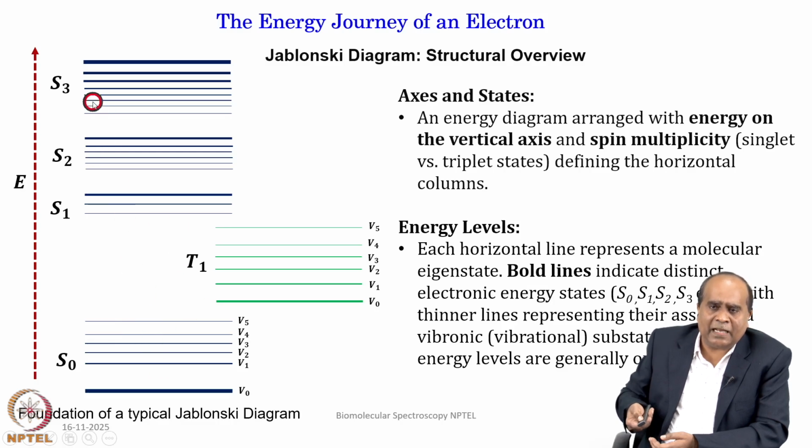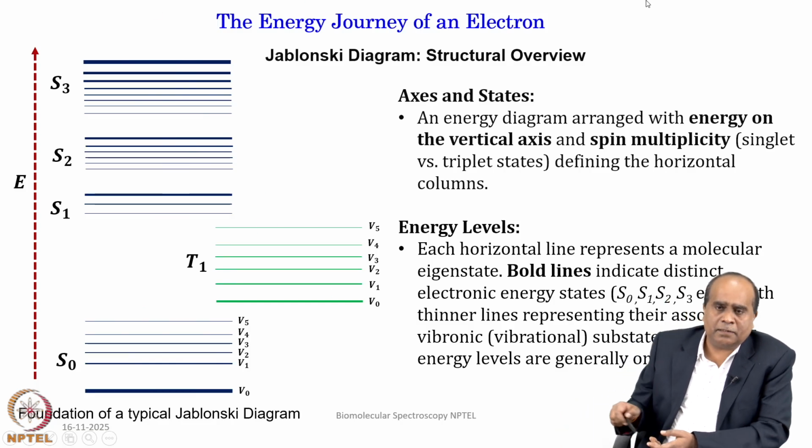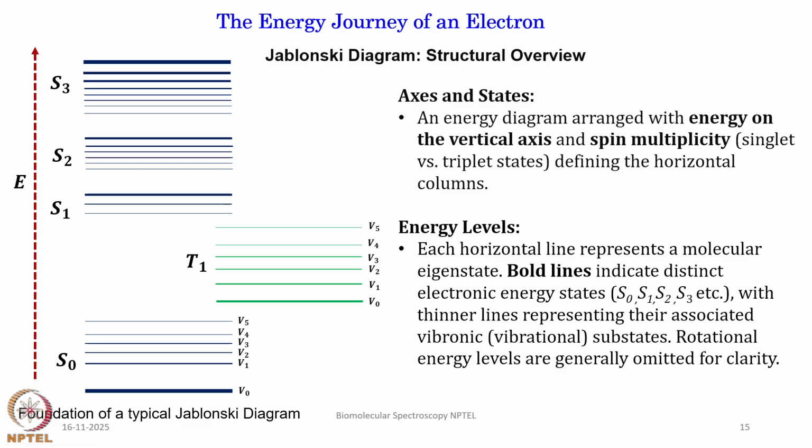The energy diagram is arranged with energy on a vertical axis and the spin multiplicity on the other. That spin multiplicity defines whether it is a singlet state or a triplet state, and transitions typically happen, as I briefly mentioned with the Franck-Condon principle, along a vertical line, and each of these energy levels is given by a horizontal line. The bold lines represent electronic energy states like S0, S1, S2, S3, S4.